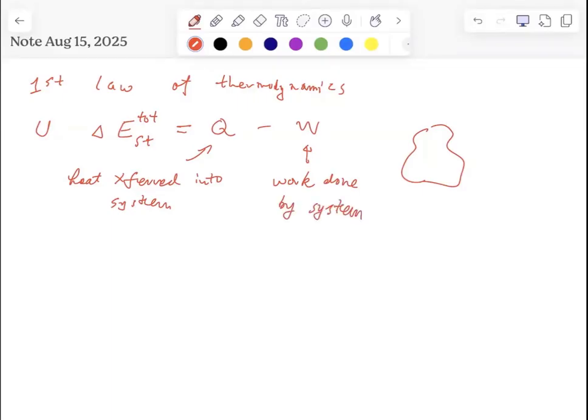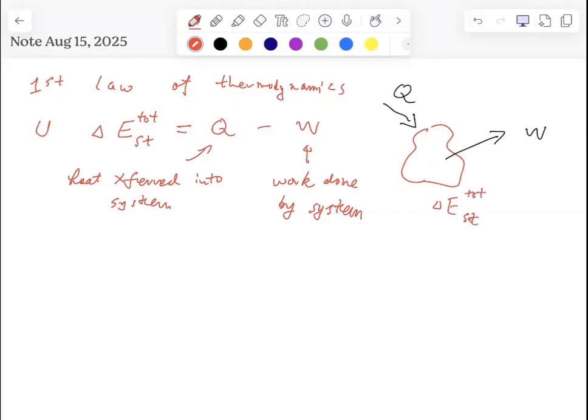As I pointed out, the Q is transferred into the system, and the work is done by the system. So this delta will determine how much has changed for the internal energy that is stored in the system.